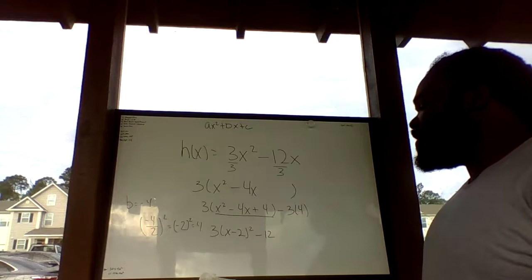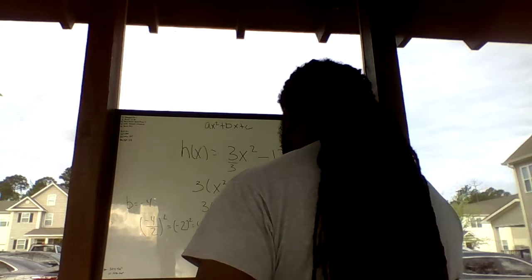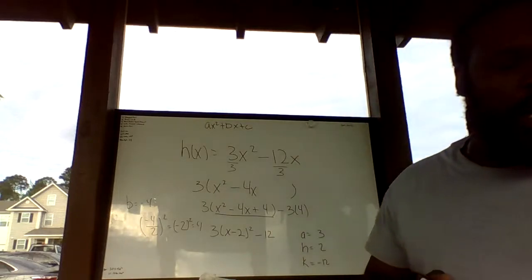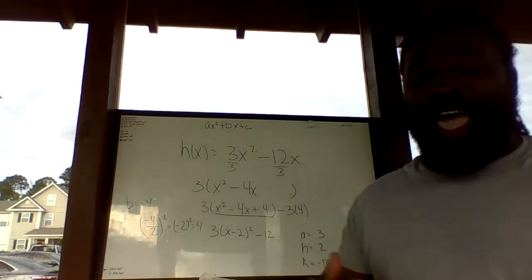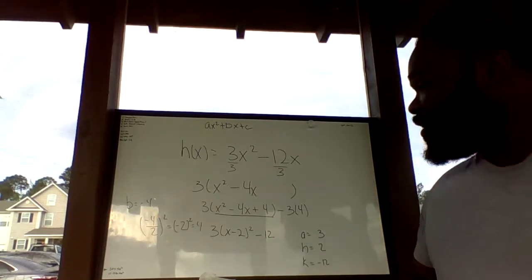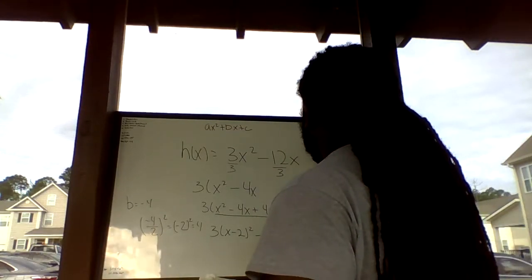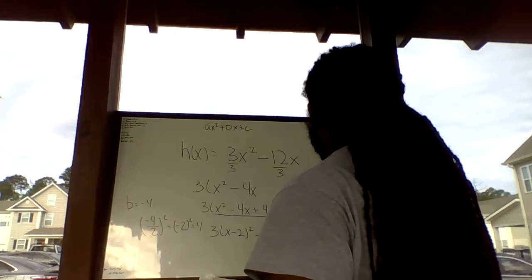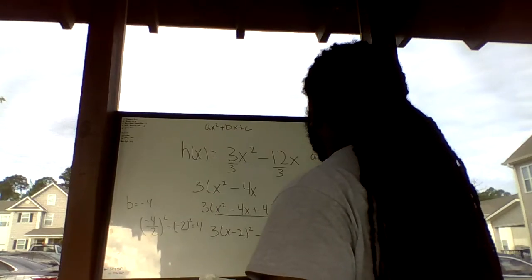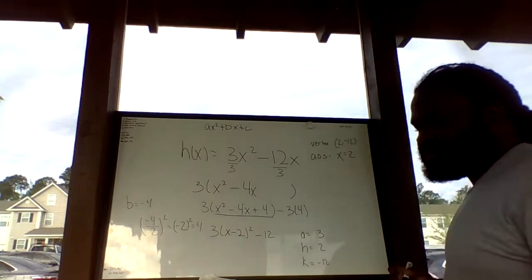All right, now we have it in vertex form where my A value is 3, my H value is 2, and my K value is -12, which will allow us to know characteristics of my parabola without graphing my parabola. So what do I know, right? Well, I know that my vertex is (2, -12). I know my axis of symmetry, which is always going to be the x value of my vertex, is x equals 2.